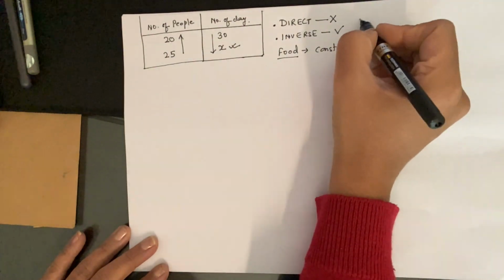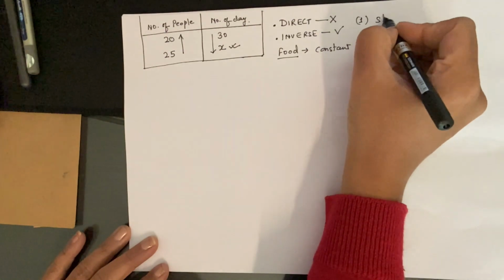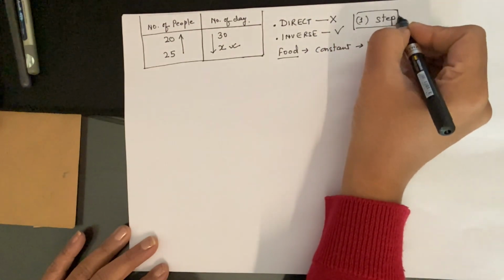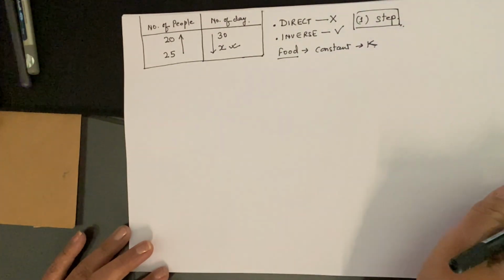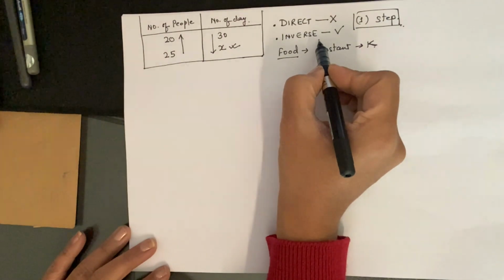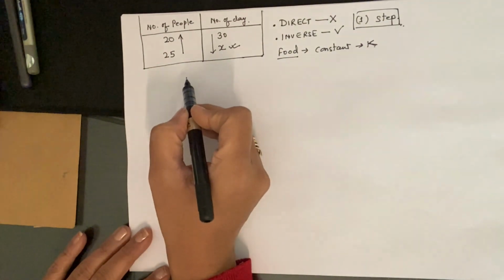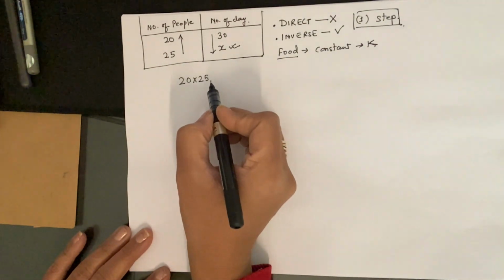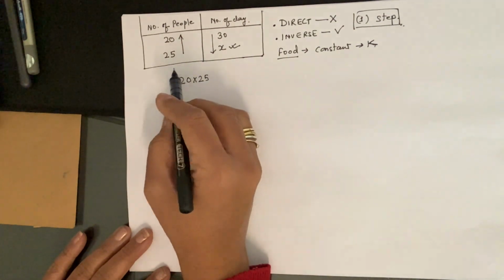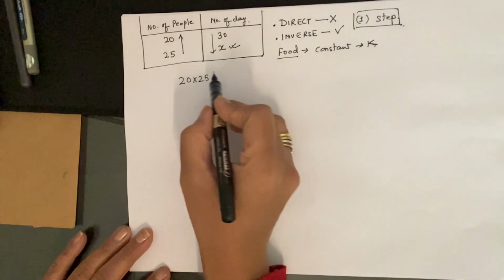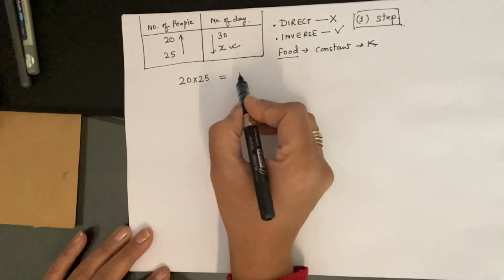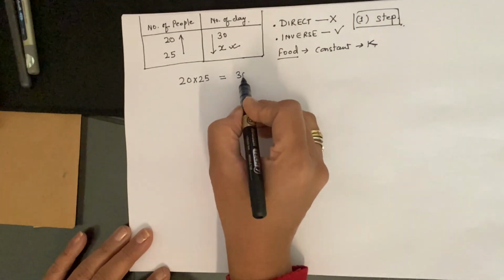So this is the first step that we will try to find, that it's a direct proportion or an inverse proportion. Now when we know what kind of proportion it is, then we will apply the method. For the inverse proportion, we will calculate it with the method that will multiply the number of people, 20 multiplied by 25, that is equal to number of days, that is 30x.